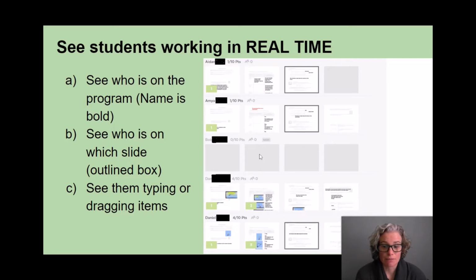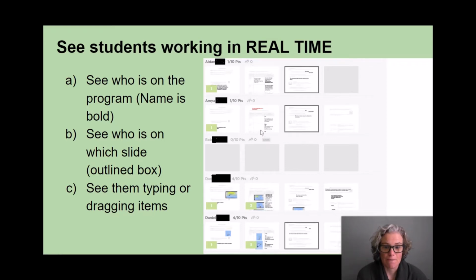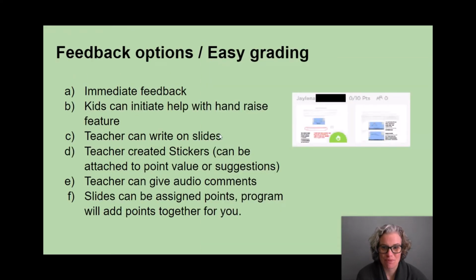And you can see as they're typing, you can actually see the boxes pop up. In this case, on this slide, they had to put in some screenshots. So you can see that these two people put in screenshots and this person has not yet done that. It's really helpful to be able to see in real time what they're doing and call out the kids who are not doing anything yet.